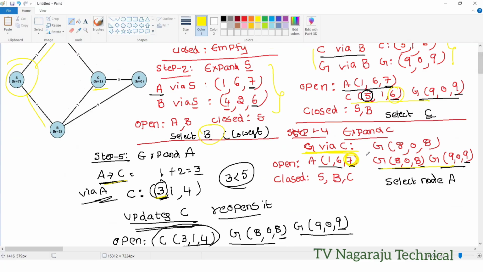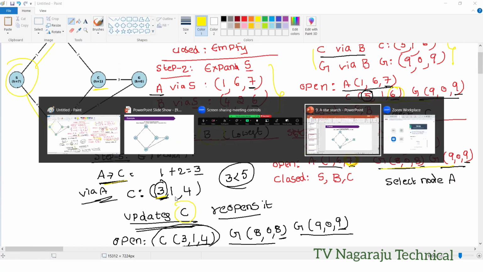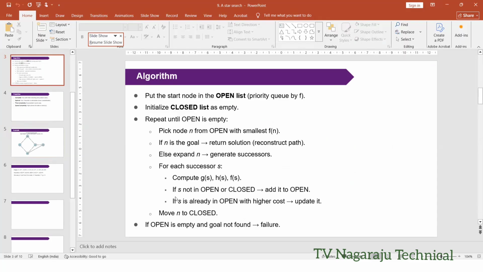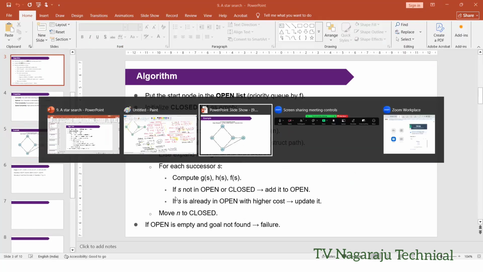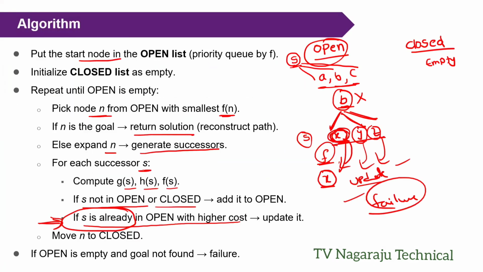Whenever the cost is reduced, update the C value. That means whenever you are selecting a best one, you need to update it. This is the concept of the A star algorithm.